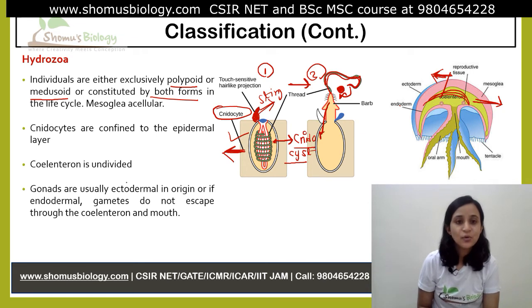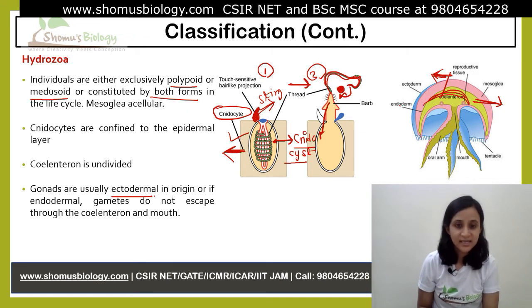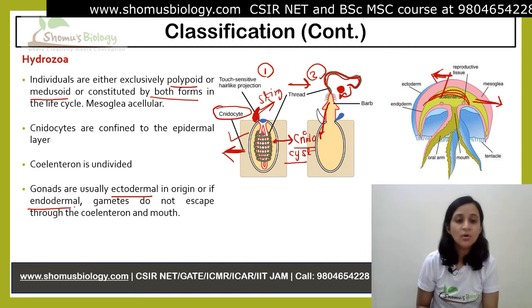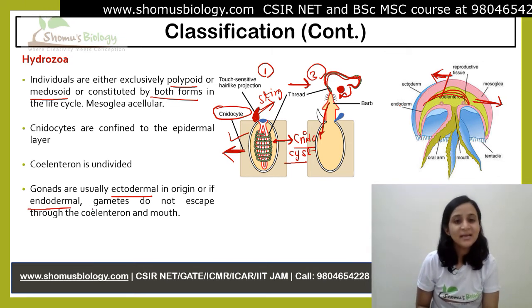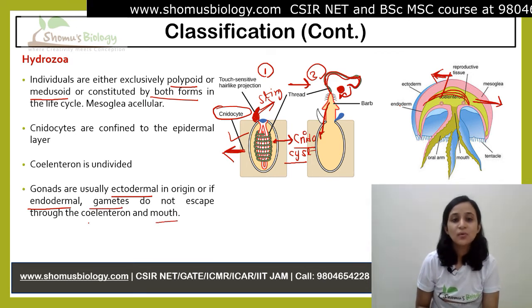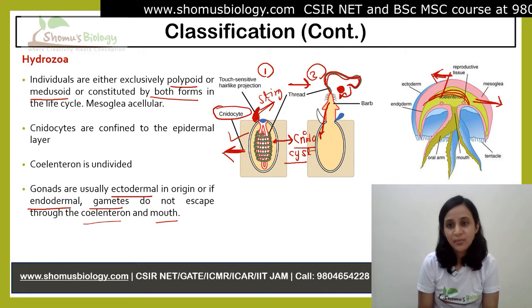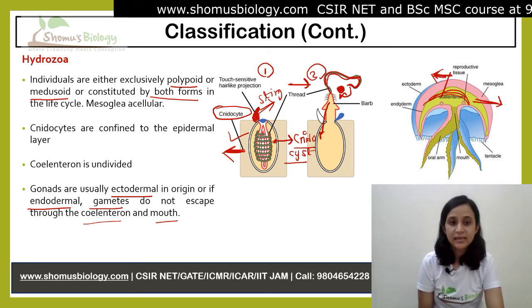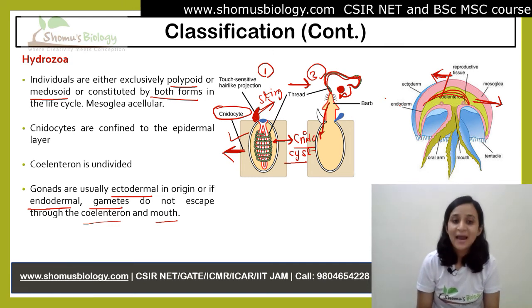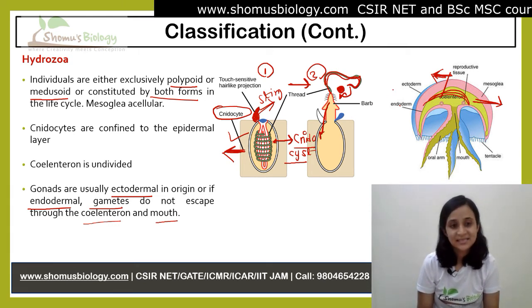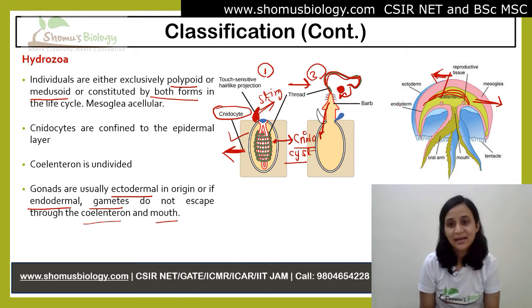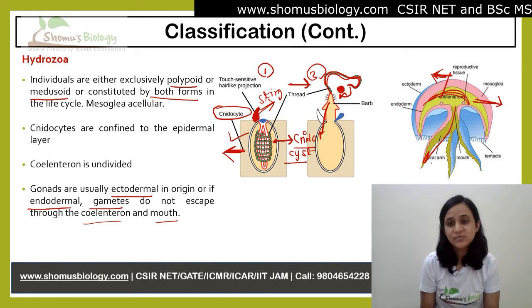Gonads are usually formed from ectodermal tissue, and sometimes from endodermal tissue also, but in that case gametes do not escape through the coelenteron and mouth. Even if gametes are produced inside the body from endodermal origin, they cannot escape through this way.